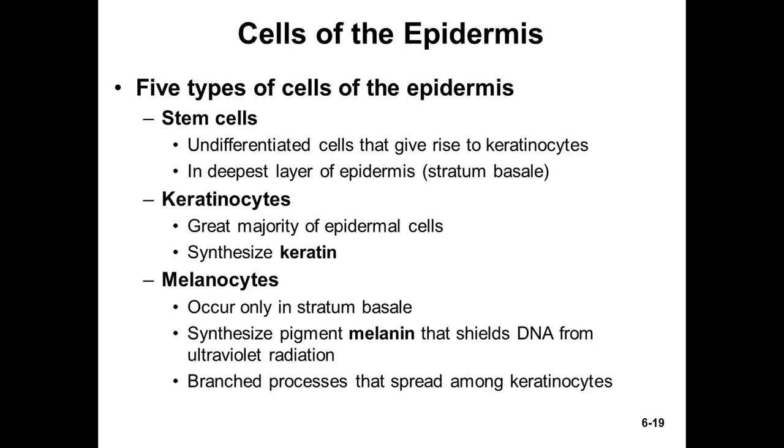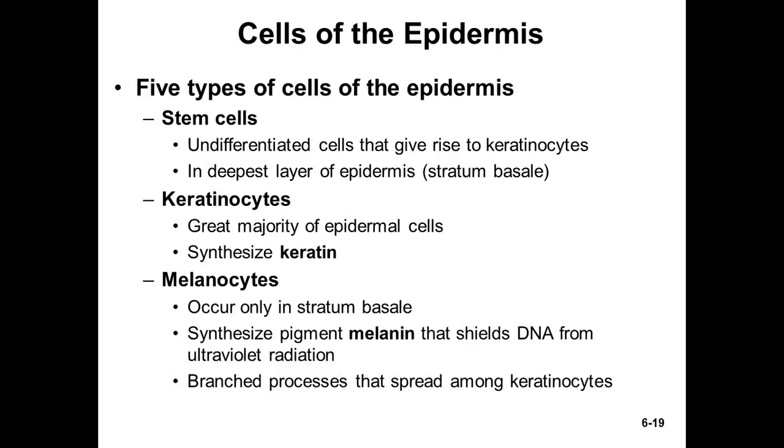You have the stem cells. These are undifferentiated cells, but they will lead to your keratinocytes, which are your skin cells. These stem cells, if you look on page 183, figure 6.1, are in a very deep layer of the epidermis, which is your stratum basale.